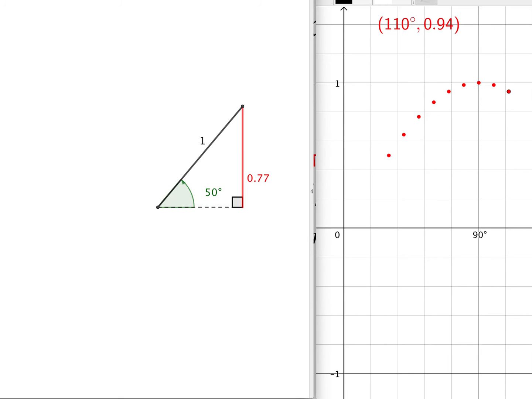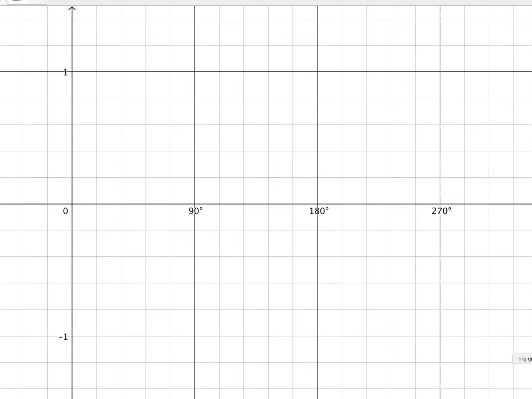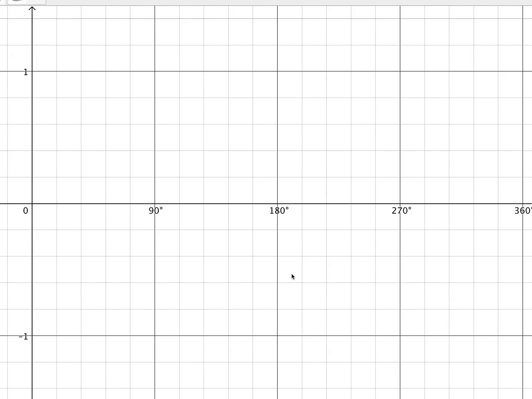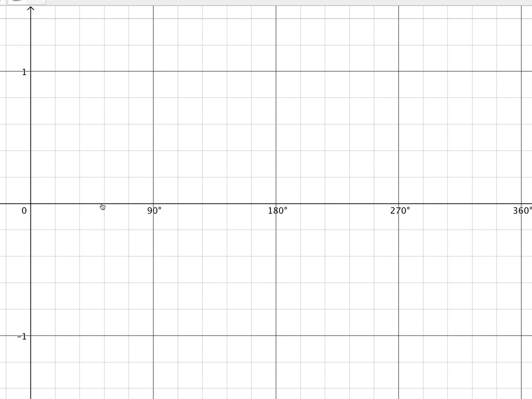Now, just to do that for the full available angles, I'm going to look at this bit between 0 and 360, and there was the 30 degrees, 0.5, and if we just go through plotting these points, you can see at 90 degrees it hits 1 and it doesn't get any higher.